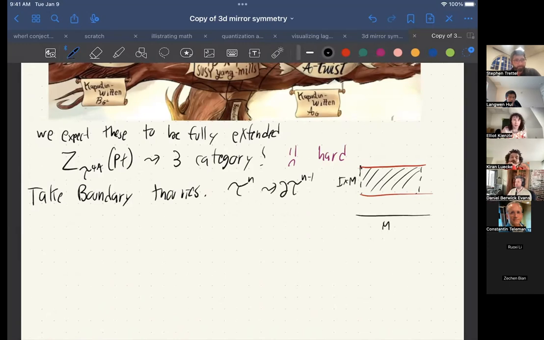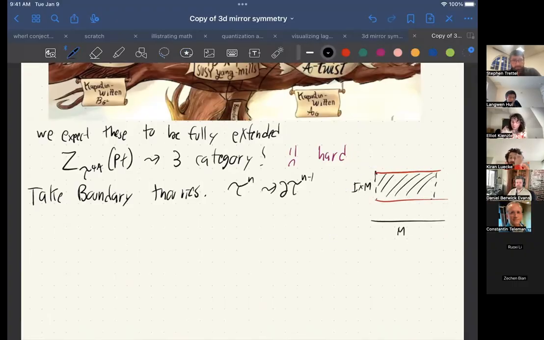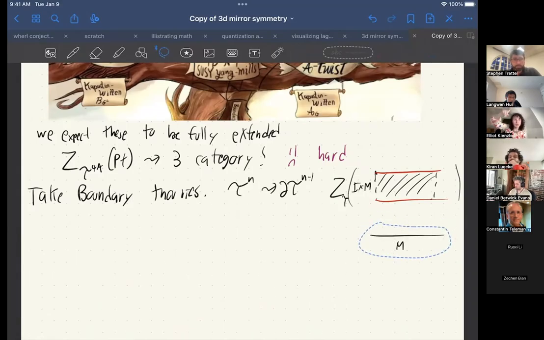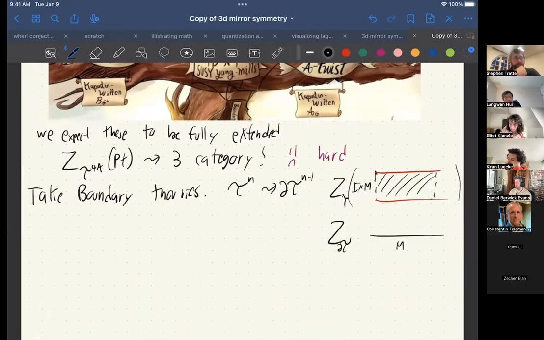That's my lower dimensional manifold down there. And when I apply my quantum field theory to this top thing, I want to be able to essentially integrate out this vertical direction. And that will result in a lower dimensional theory, which is the boundary theory.